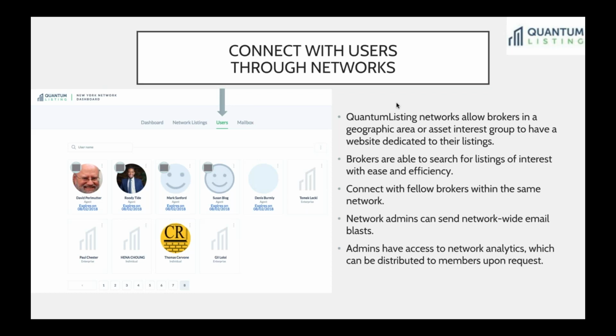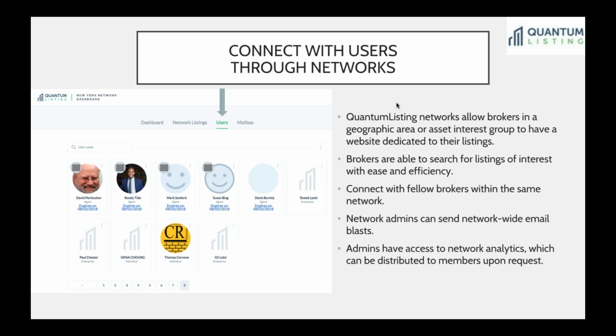And the other great thing about the networks is that since we're assigning you to a network based on your geography, it makes it a great way for you to find other brokers in your area who are on Quantum Listing, who you can then connect with and follow, so that you can see their listings really easily from your network or from the social parts of Quantum Listing.